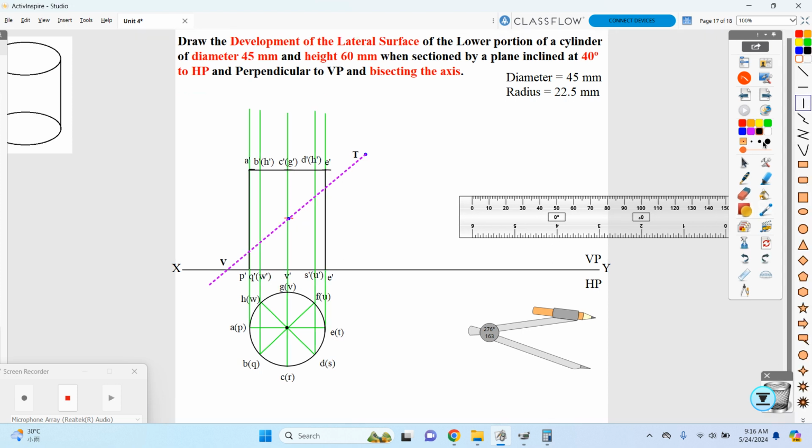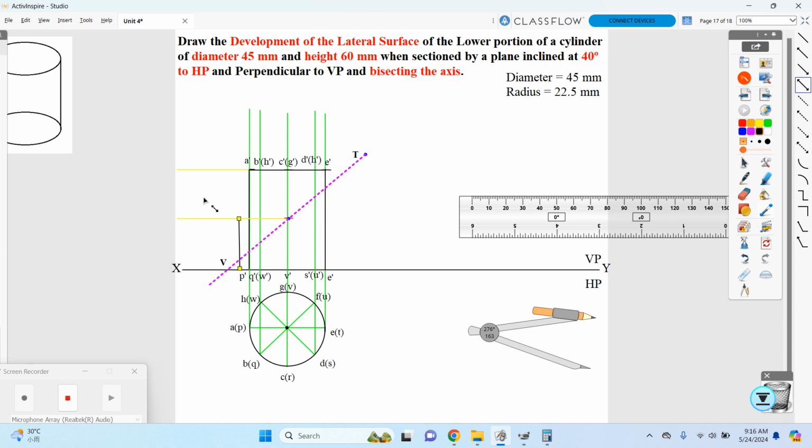For marking the dimensions, I'm going to consider from this point till the last, then from this point till the last, then we can consider the other dimension from here. I will take the bisecting point to your xy plane.